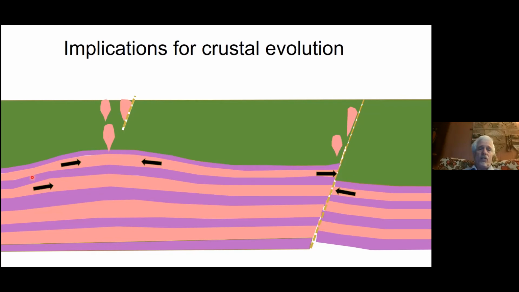In this particular case, I'm arguing that in the Archean, the rocks were a lot hotter. Molten rocks would have been closer to the surface, and this felsic material here might have been molten. They are less dense than the surrounding rocks, so they would be buoyant and they'd want to move up. They'd move in the upwards direction, as you see here and here, and these two would converge at this location.